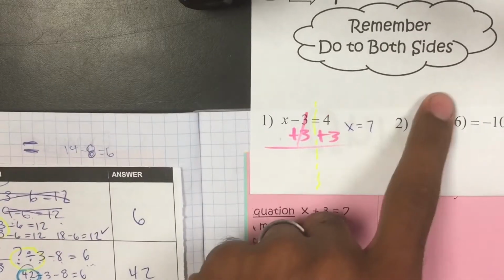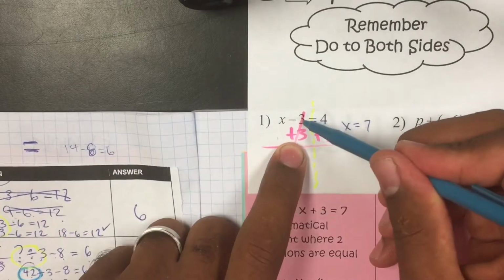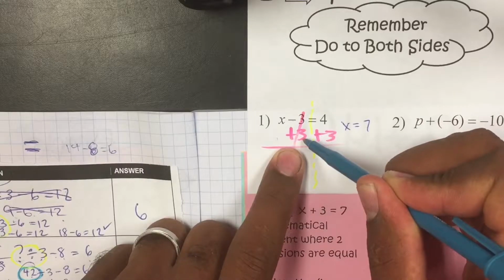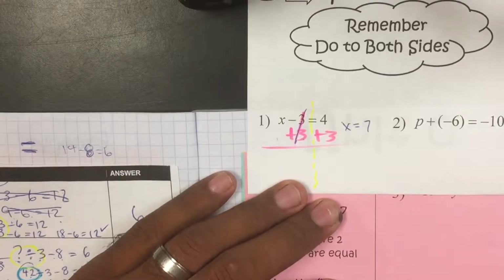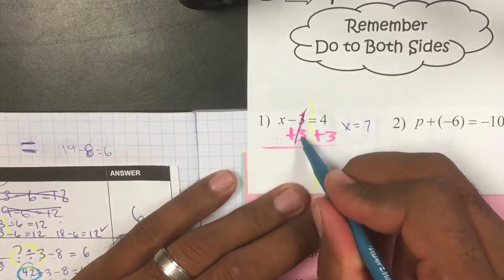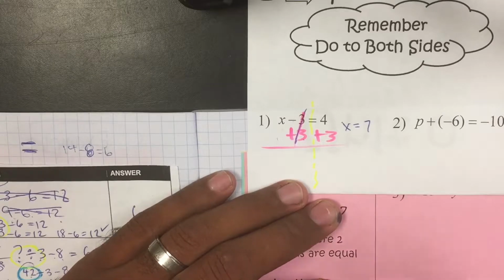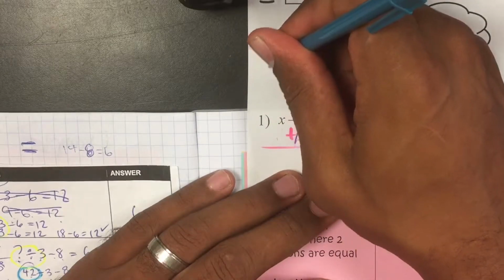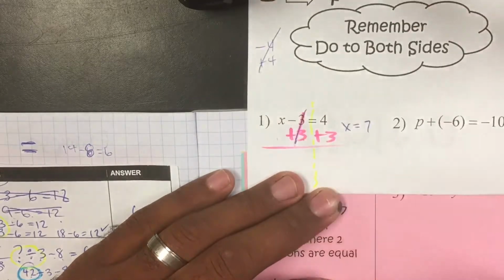And remember, it says do both sides. So I did plus 3 here, and what happens is negative 3 plus 3, that's 0. So then what happens is this is gone. Because anytime you add the same number but opposite sign, it will go away. So if I do negative 4 plus 4, gone.